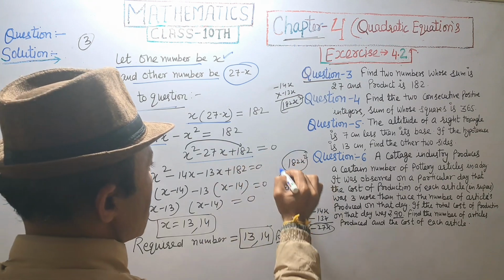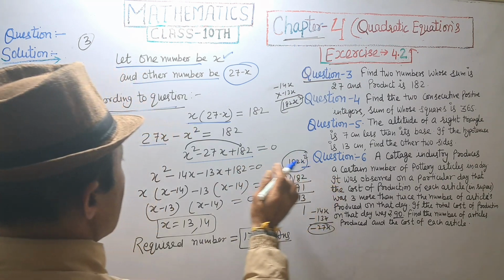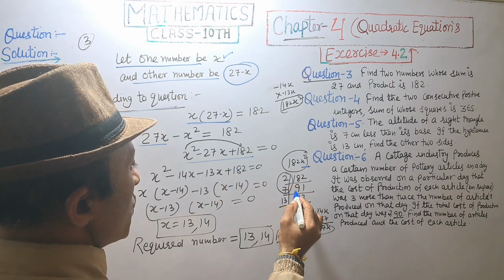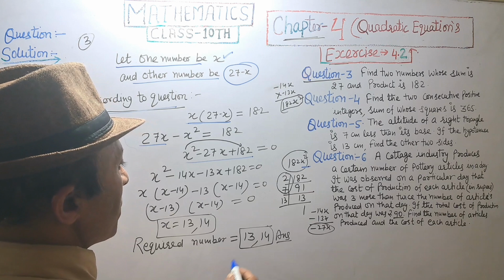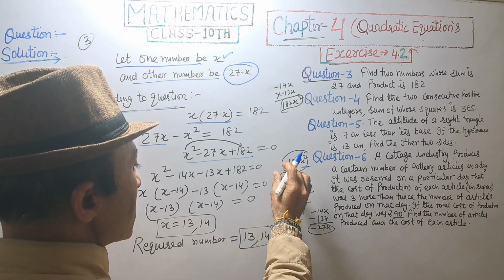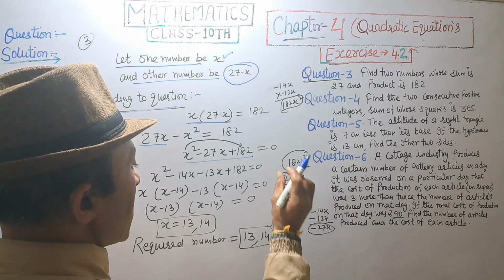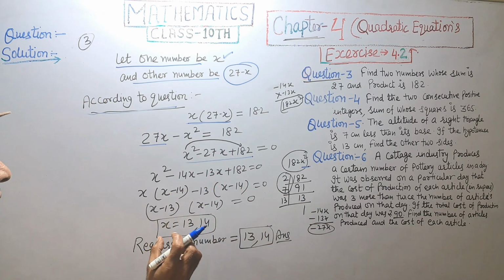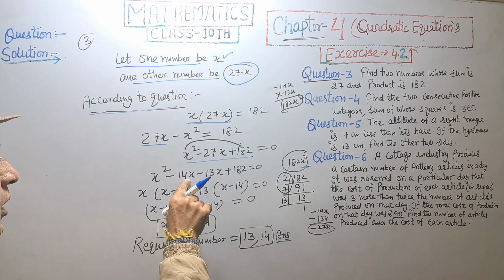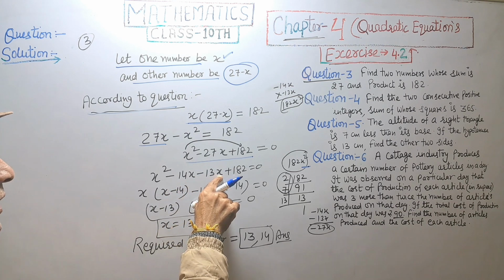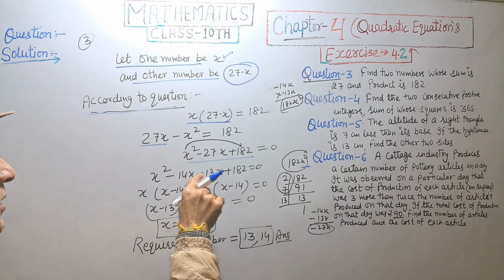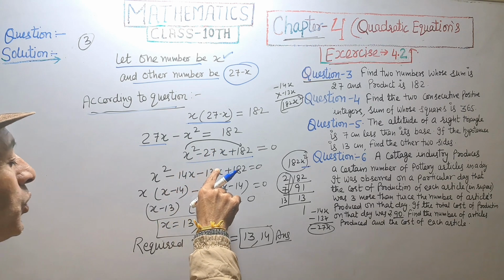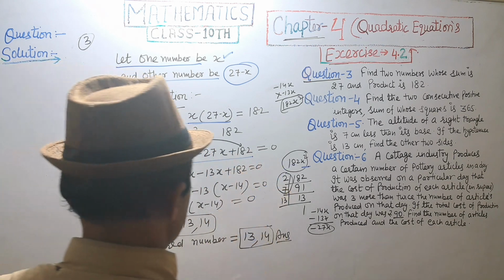The product of first and last is 182x square, and the prime factorization of 182 is 2 into 7 into 13, but 7 times 2 is 14. We are splitting minus 27x as minus 14x minus 13x. 14 plus 13 is equal to 27, and 14x into 13x gives 182x square.